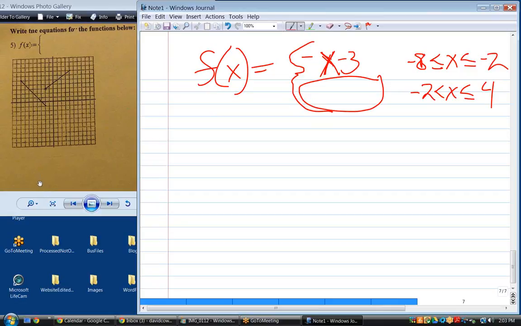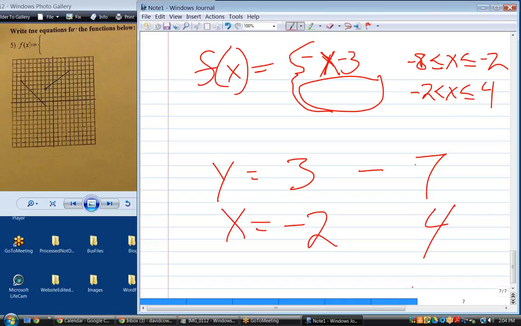Starting from an integer, both x and y, and going to an integer of x and y, clearly here y is equal to 3. And clearly here, y is equal to 3, 4, 5, 6, 7. So y goes from 3 to 7 when x goes from -2 to 4.